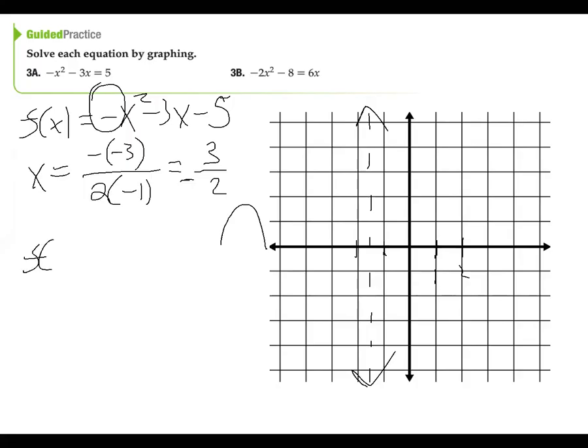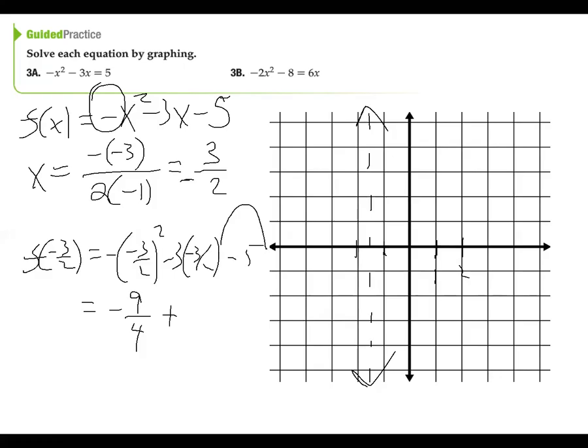So if I do f of negative 3 halves, that would give you negative 3 halves squared minus 3 times negative 3 halves minus 5. Okay, so that's going to be negative 9/4 plus 3 halves minus 5.